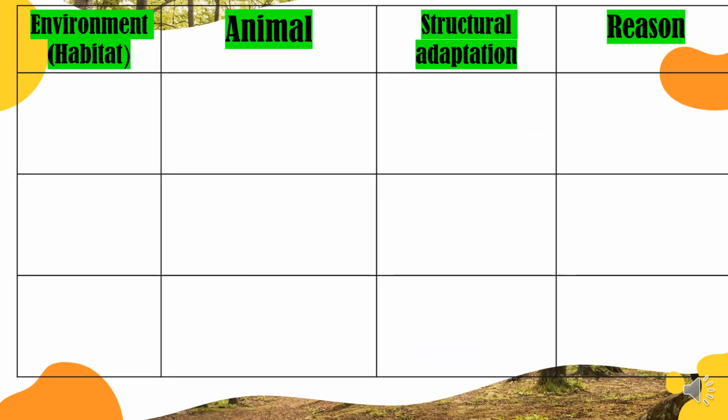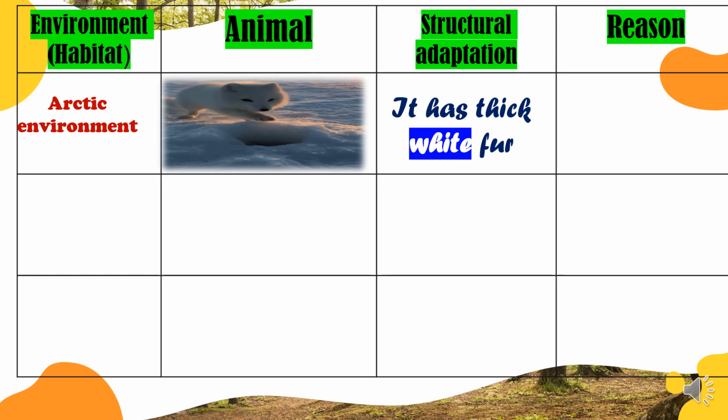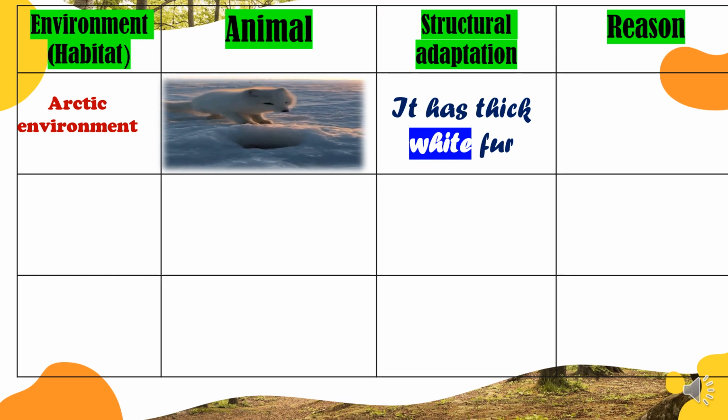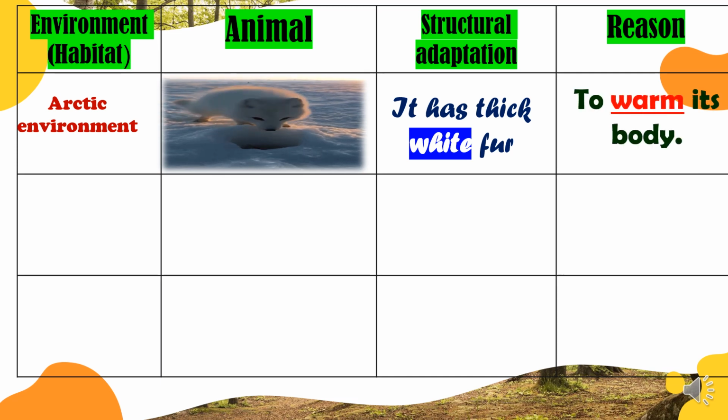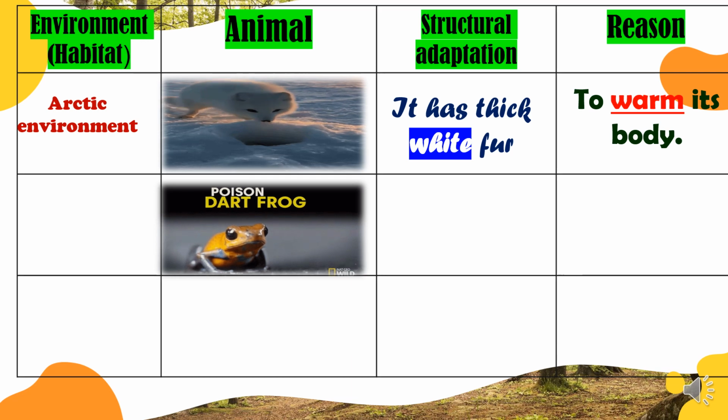The second example here is the Arctic fox. The Arctic fox lives in the Arctic environment. It has thick white fur like the polar bear, of course, to warm its body. Then we have the poison dart frog.